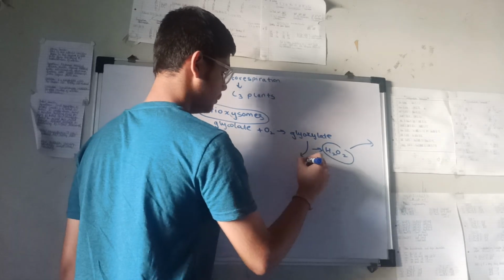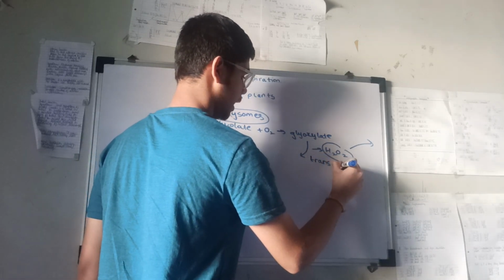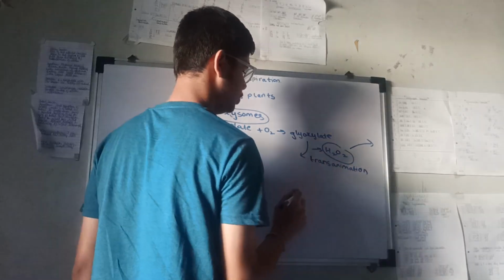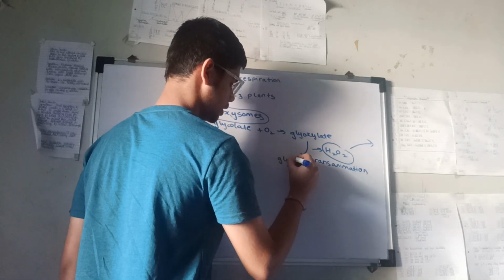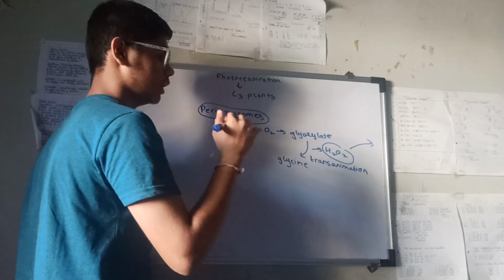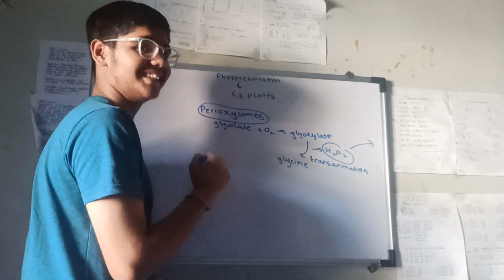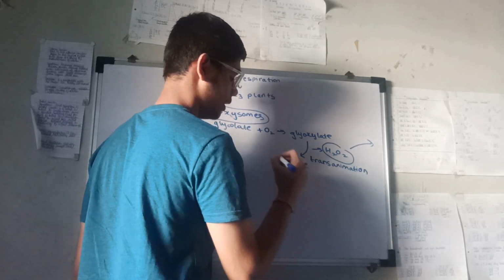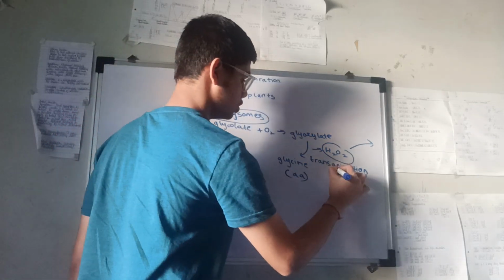So now what will happen? By transamination, we will get the amino acid glycine. The process is transamination because the product is an amino acid, so amination is used here.